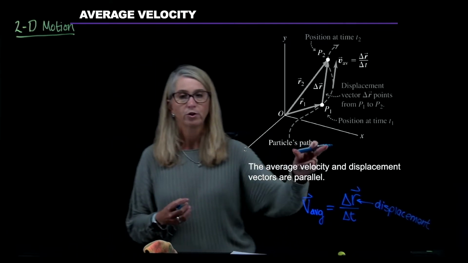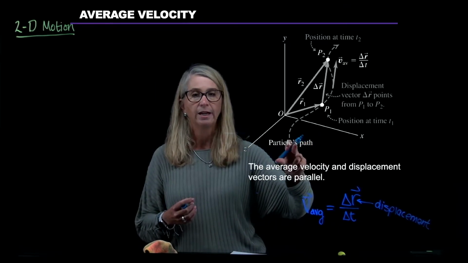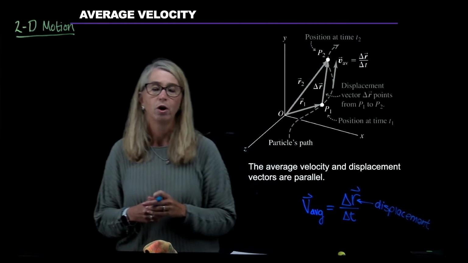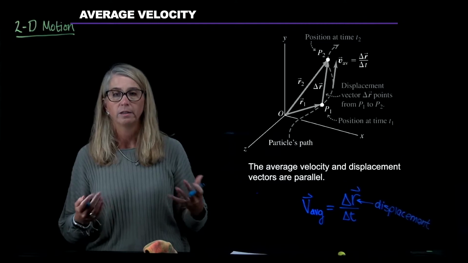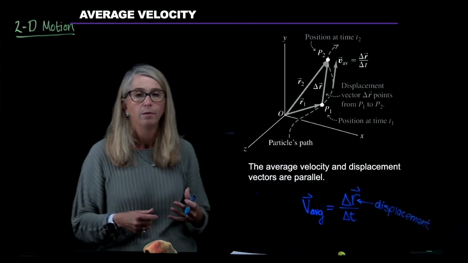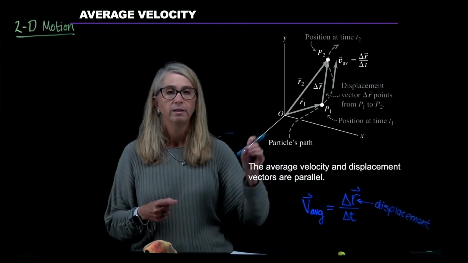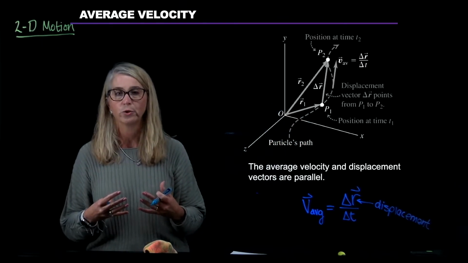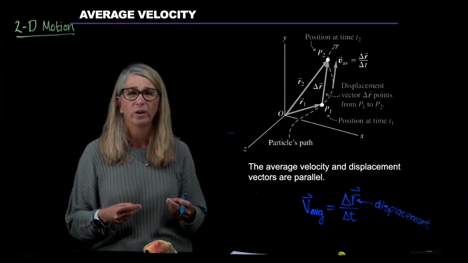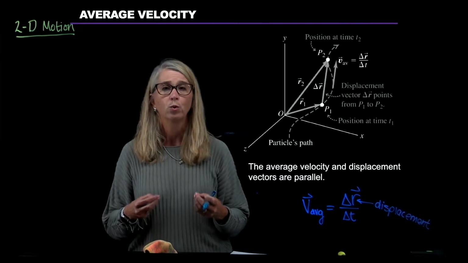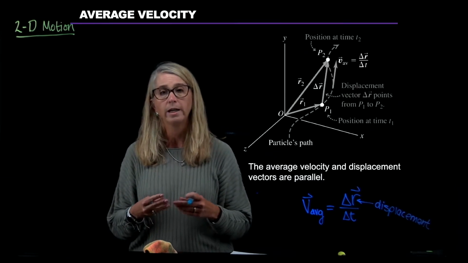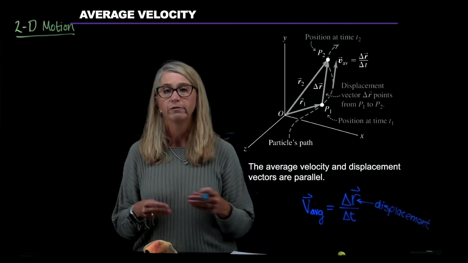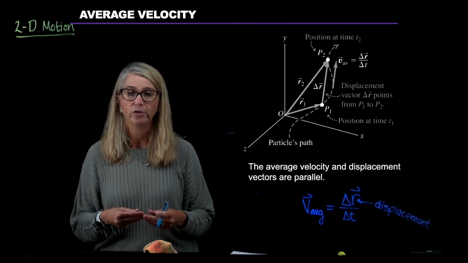So in this picture right here, the dotted line represents the path of the particle, whatever it might be. It doesn't really matter. Notice that the dotted line is just a line that's in three-dimensional space. Every point on that line has coordinates. It has an x, y, and z coordinate. And as you move along the path, of course, those coordinates change.